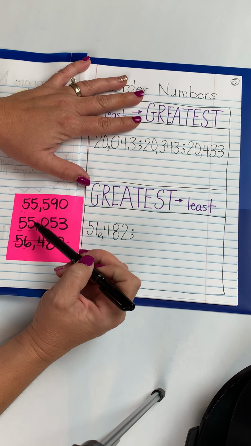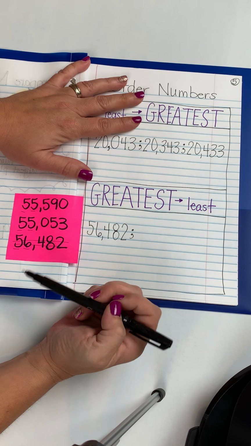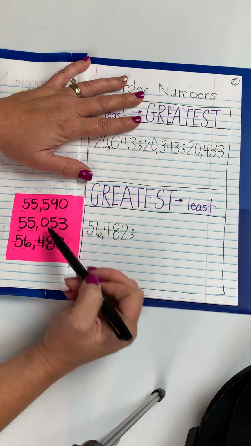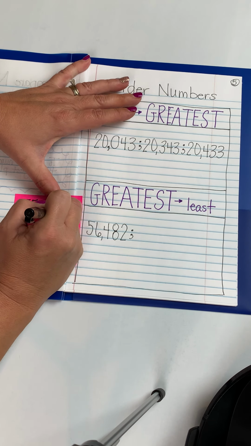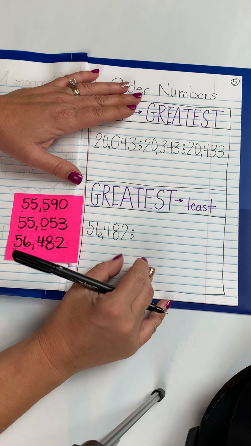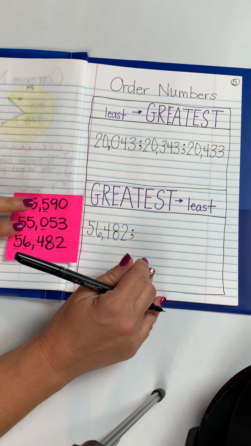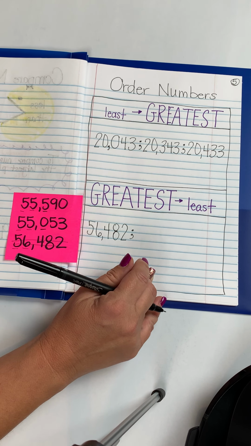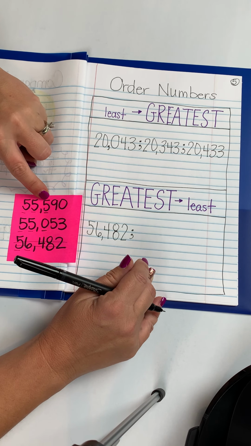Now, since these two have a 5, we're not able to tell yet what is the greater of these two numbers. So we're going to go to the next number for these. We have a 5 and a 0. So this one is the greatest of the whole list. Which of these two is greater? The one with the 5 in the hundreds place.